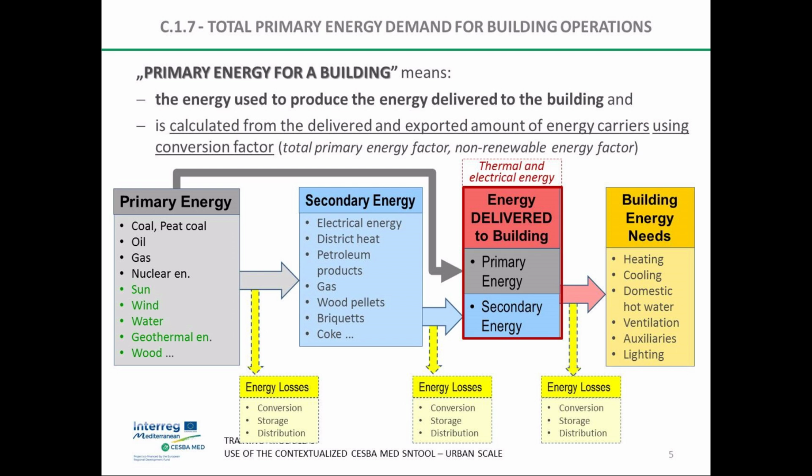The primary energy from a building means the energy used to produce the energy delivered to the building. So in this case, we require the efficiency data from the energy carriers.